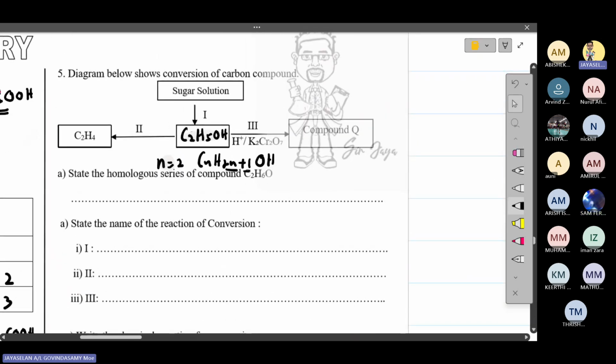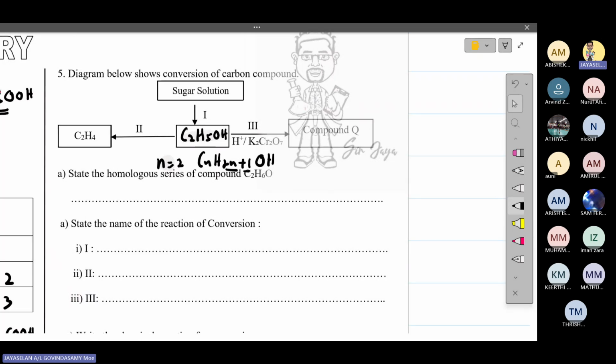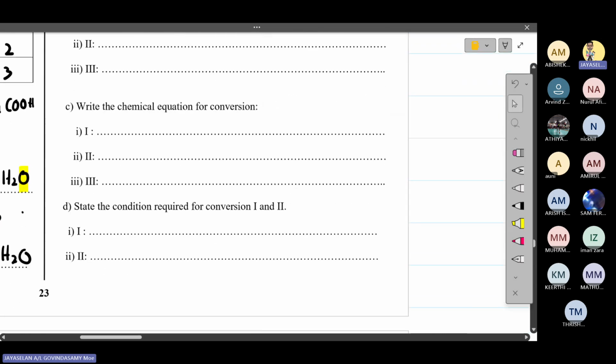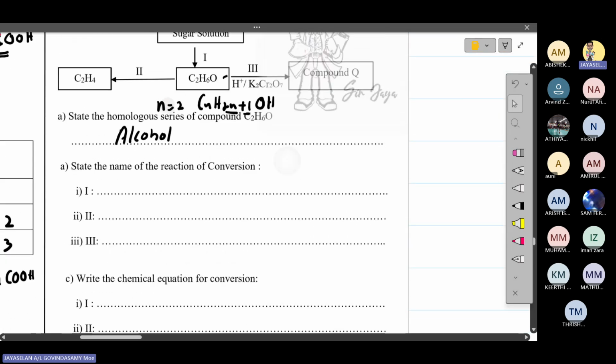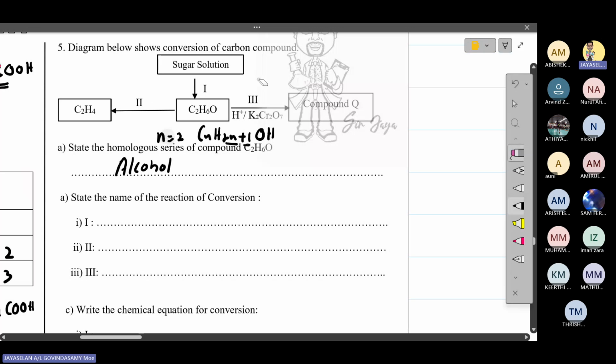Okay, if you all cannot do, do the simple one first. What is the homologous series of this compound? When you see this compound, it was like this, right? When you see only one O, get the first mark. This is alcohol. Name the conversion, all this we will do later. Chemical equation, state the condition, we will do all this. Okay, the picture. I will do the simple one.